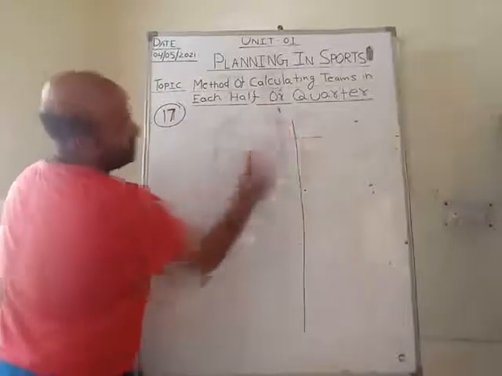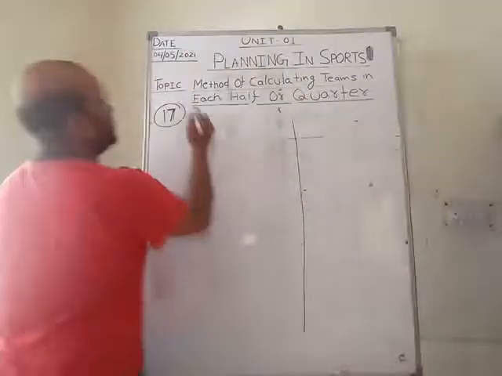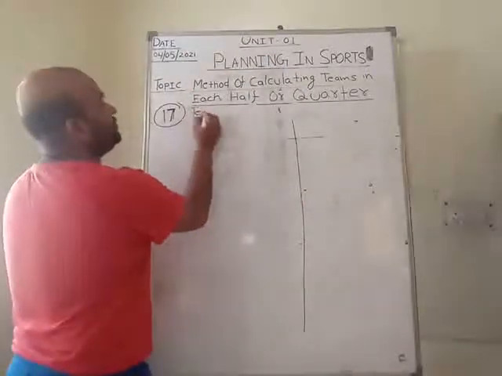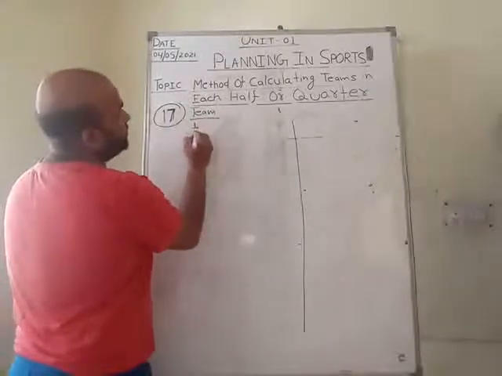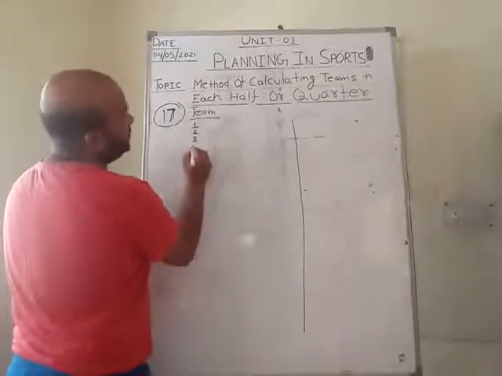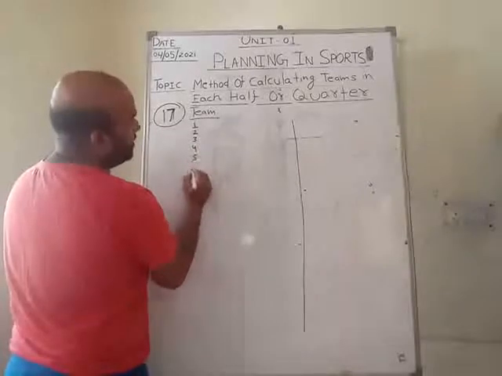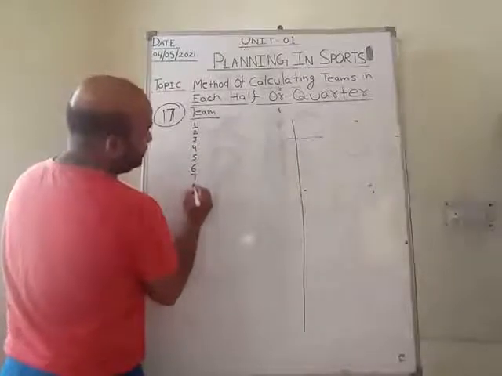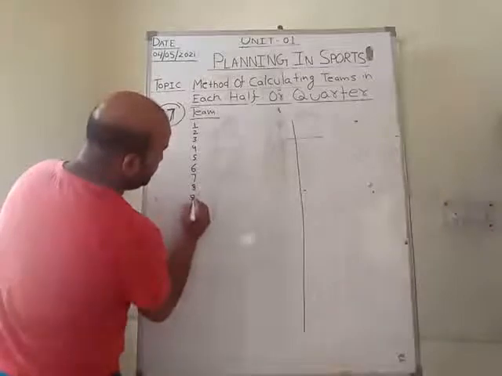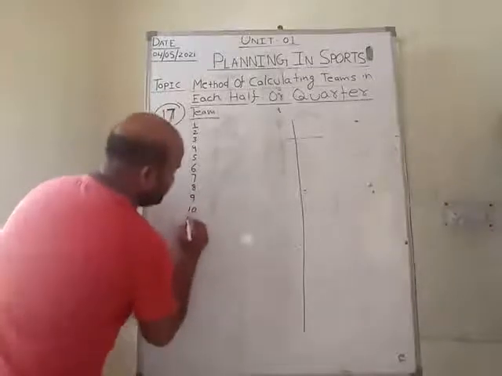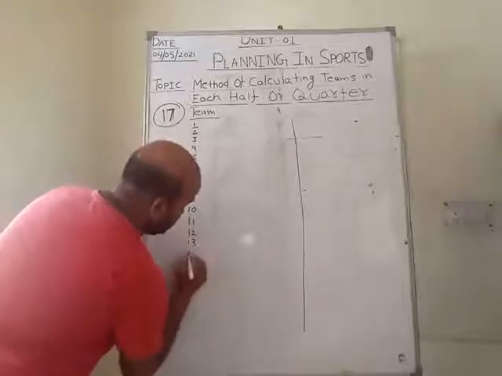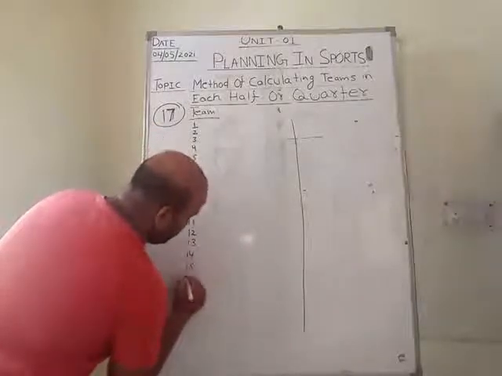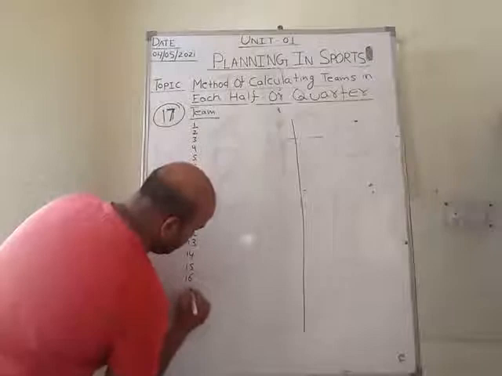These are the teams: 1 team, 2 team, 3, 4, 5, 6, 7, 8, 9, 10, 11, 12, 13, 14, 15, 16, 17.